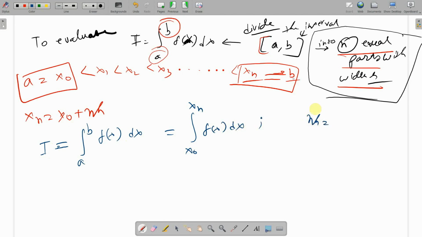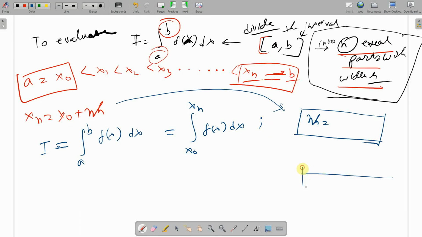So tell me what will be the value of nh from this equation? What is nh? xn minus x0. The distance between a and b is nh, so it will be b minus a. ये छोटा छोटा चीज़ याद रखना है क्योंकि उतना तो सोचने का टाइम नहीं मिलेगा एग्जाम में. So nh equals b minus a.